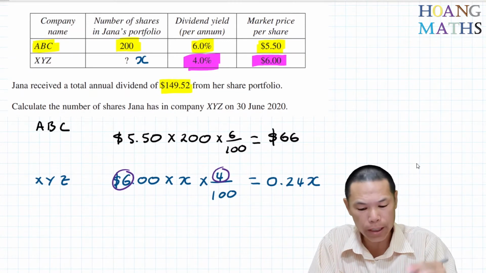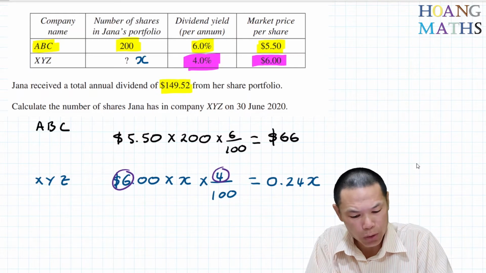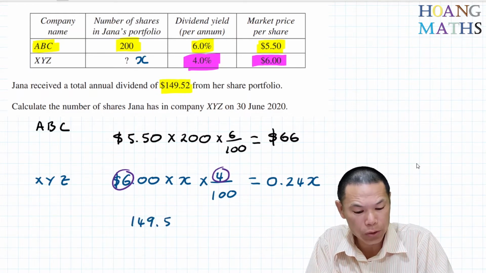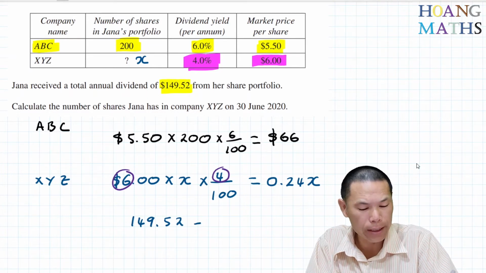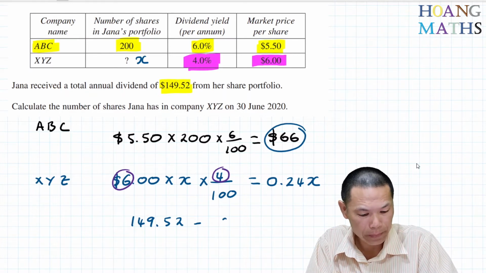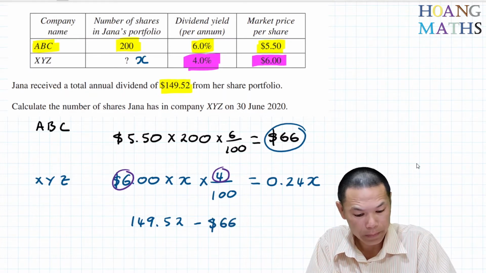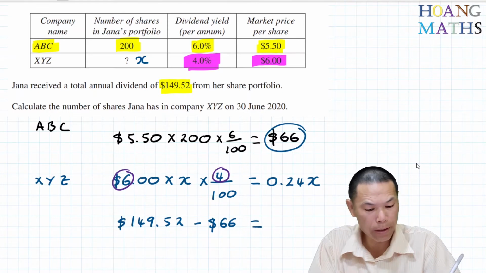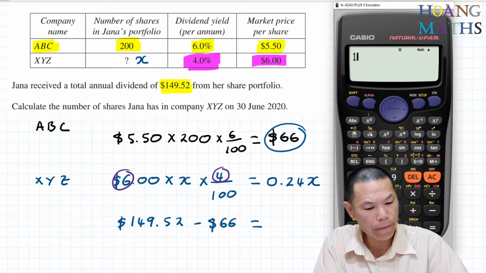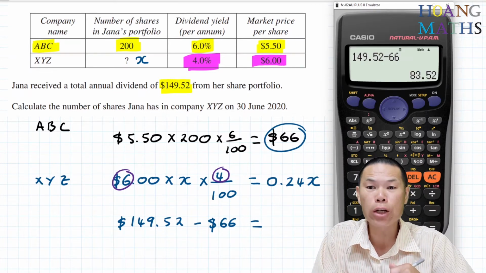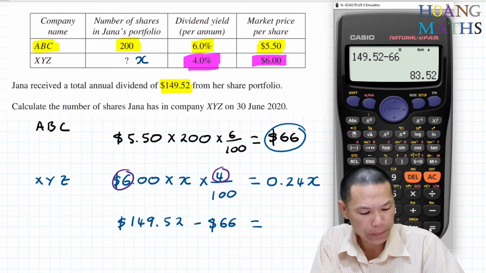To work out the dividend for X, we go $149.52 minus the $66, which is the dividend for company ABC. So 149.52 minus 66 is $83.52.